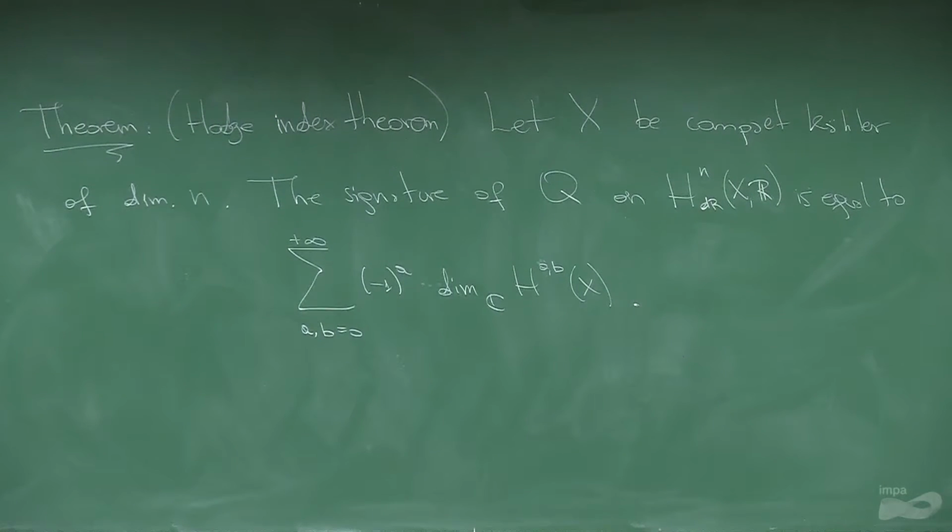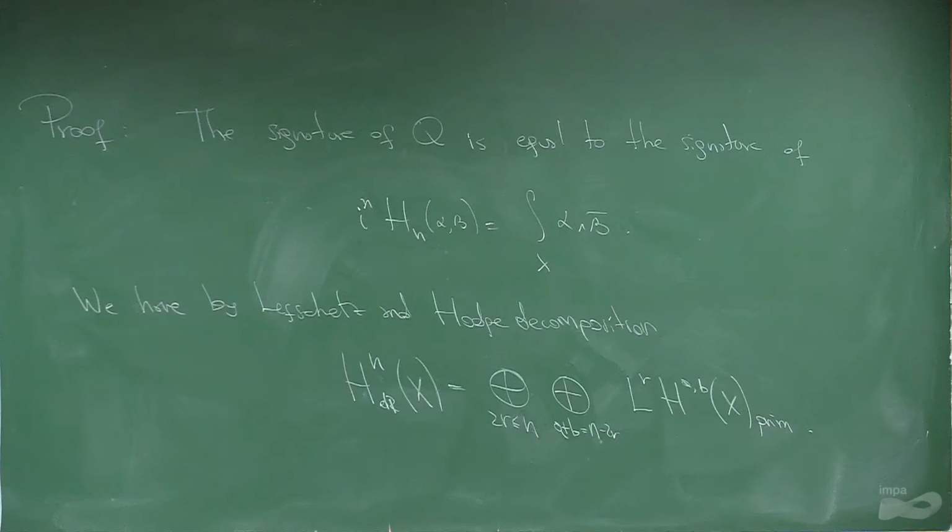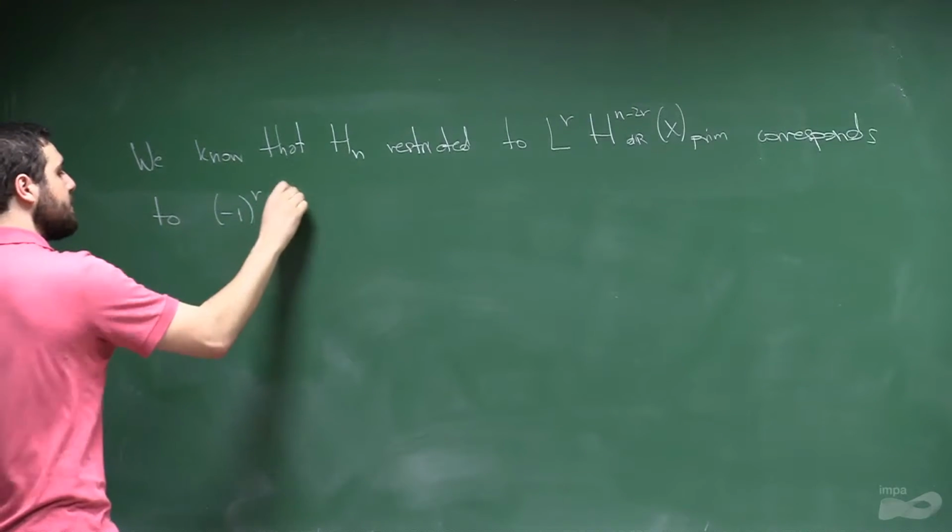So we know that h_n restricted to L^r of the de Rham H^{n-2r}(X prime) corresponds to (-1)^r h_{n-2r}.